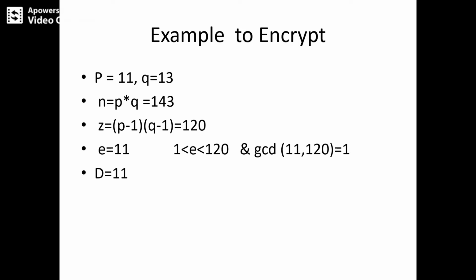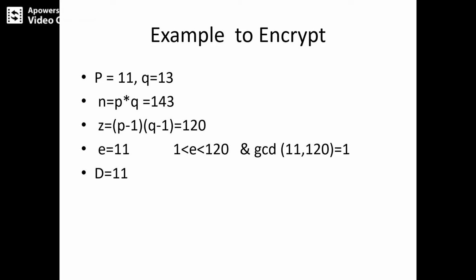The condition is: if E, which is 11, into D, starting from D equal to 1, mod Z equals 1, then we need to break, and we consider that value as our private key.